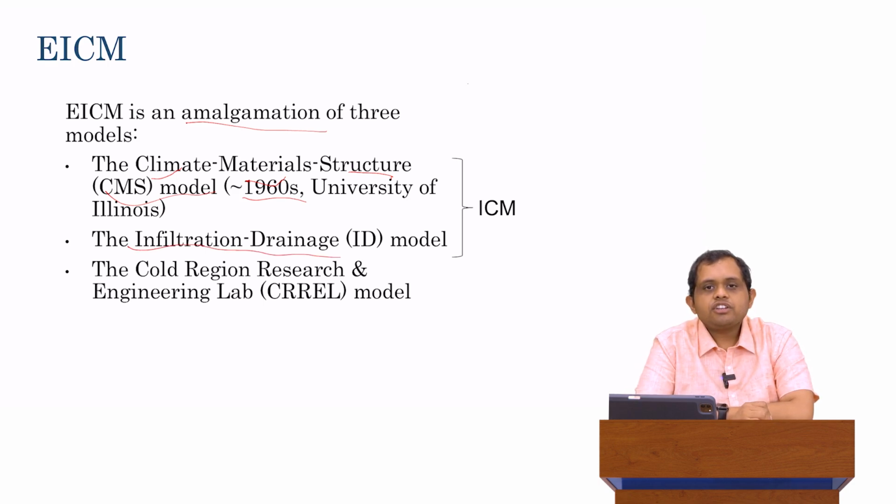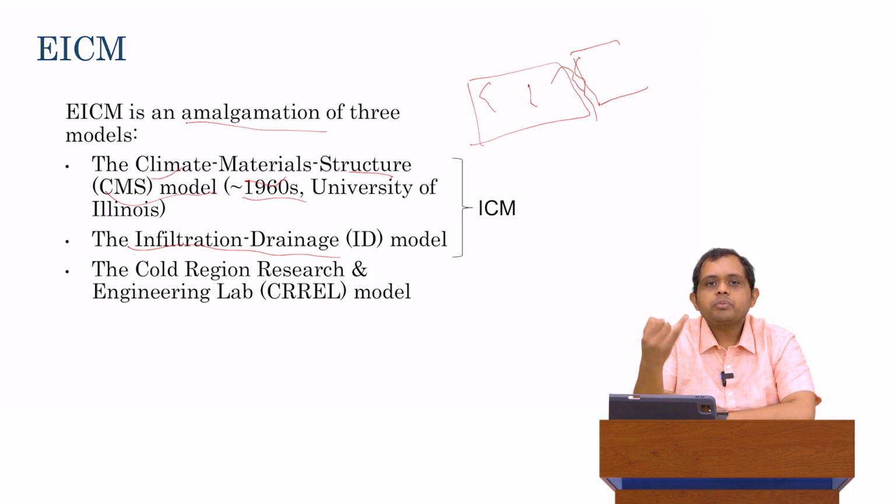The infiltration drainage model took into account that if you had a pavement surface, and this was for both rigid and flexible, by the way, and you had some cracks or joints and some amount of moisture infiltrated into the joints, then what would be the moisture distribution in the subsurface layers?